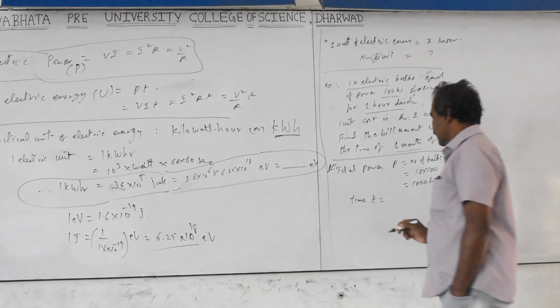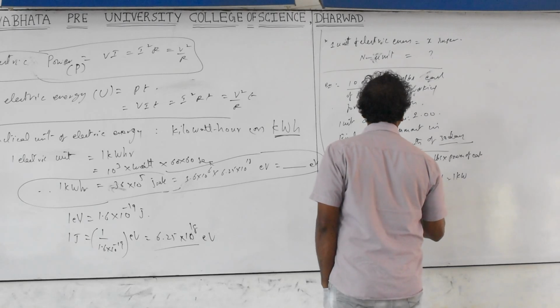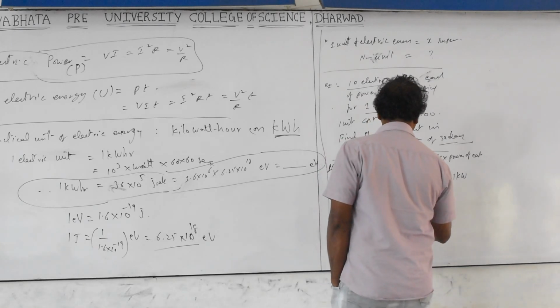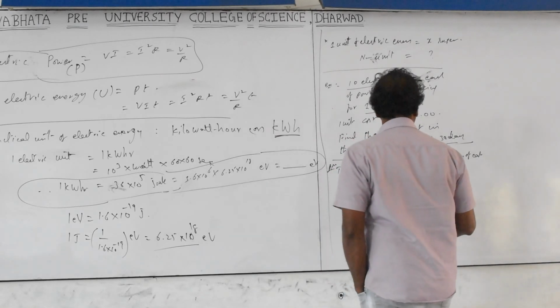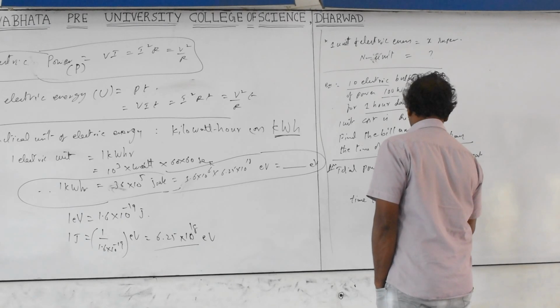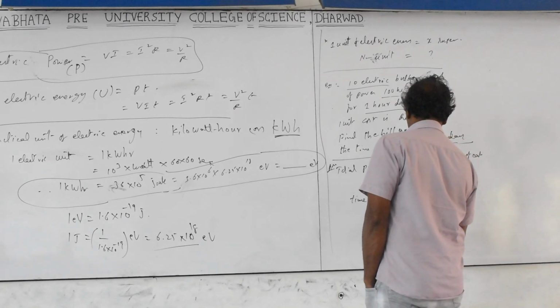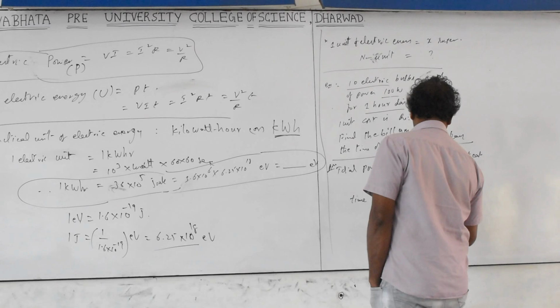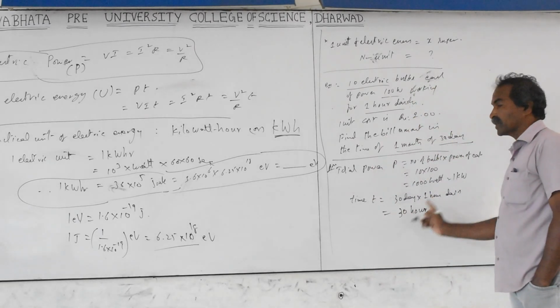Total time T is equal to 30 days times 1 hour per day, which is equal to 30 hours. If time is given in seconds, etc., it must be converted into hours only.